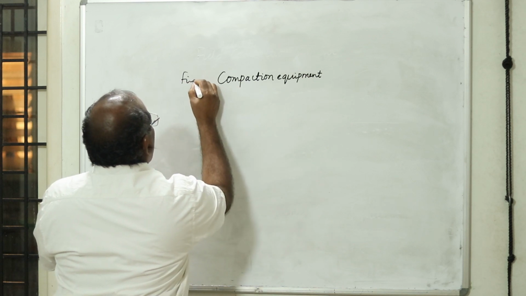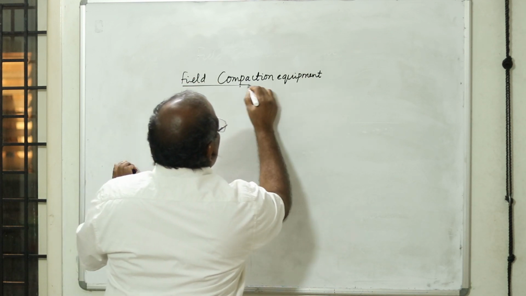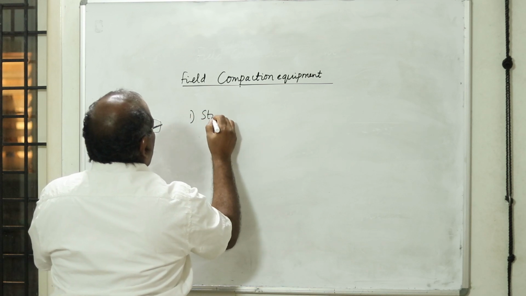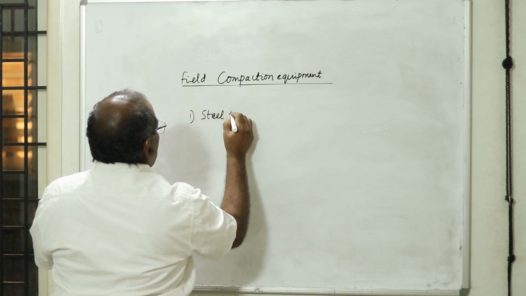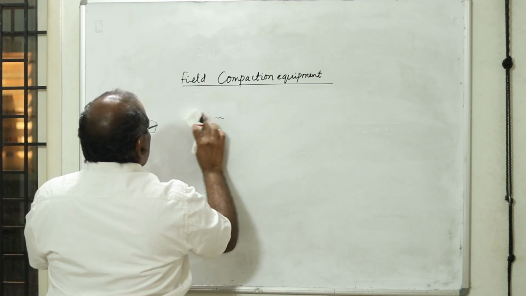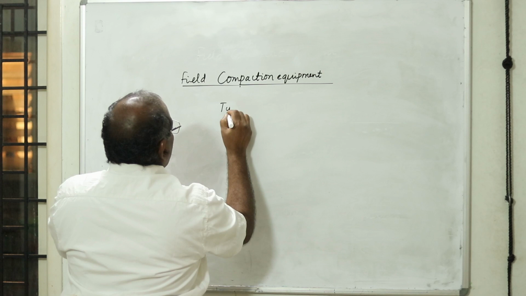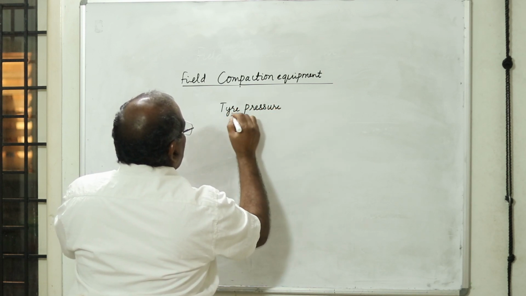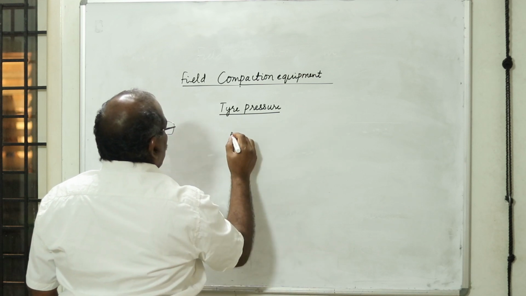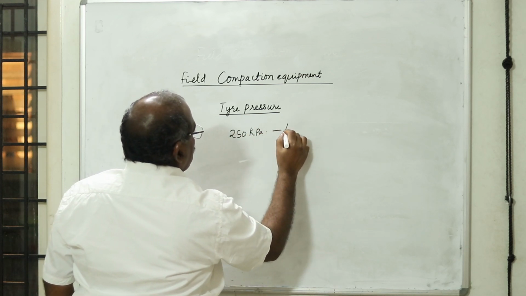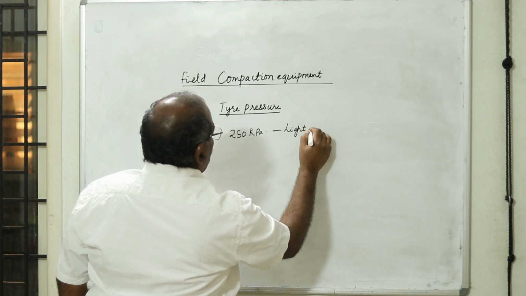This is the field compaction equipment. Now we discussed the steel tire rollers and the pneumatic tire rollers. Now let us see what the tire pressures usually are. Typical tire pressures will be around 250 kPa for light equipment.